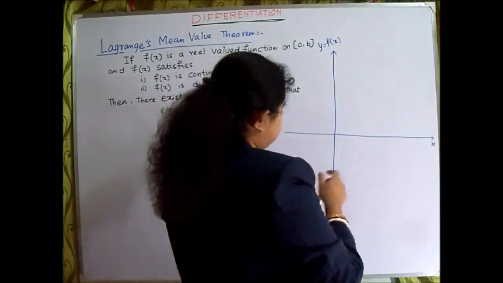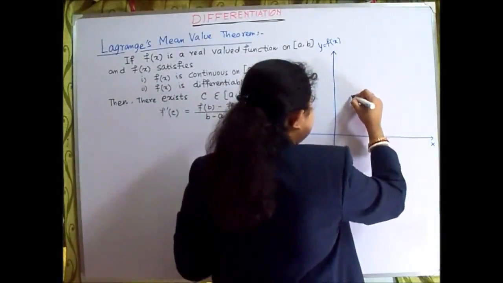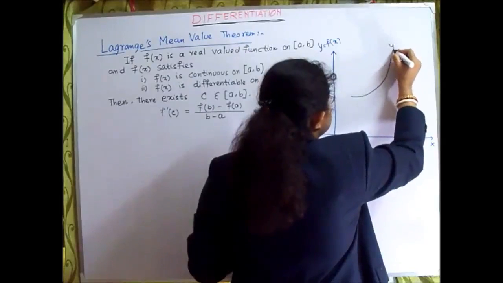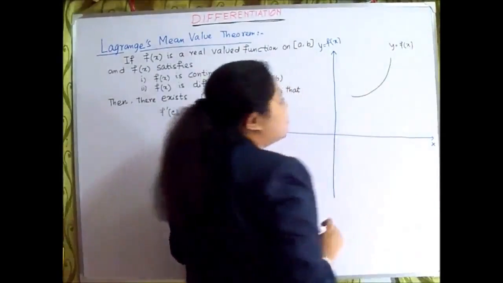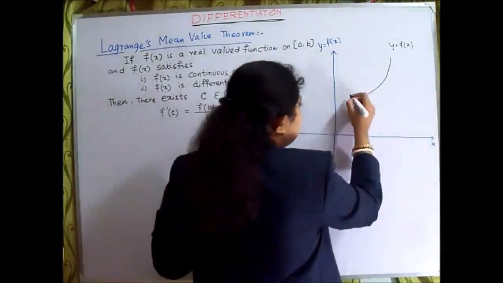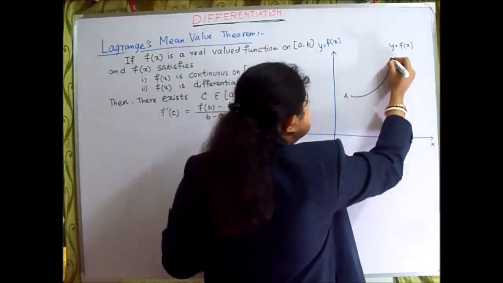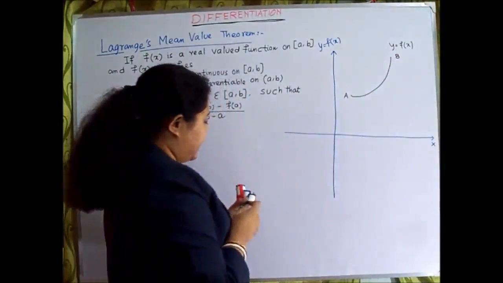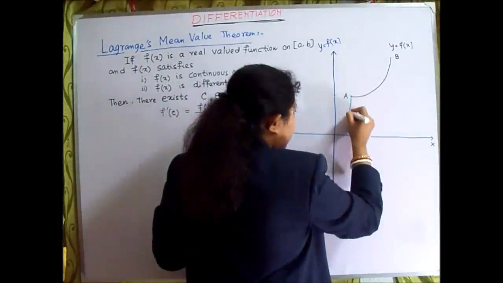If this curve shows that y is equal to the f(x) value, right? Take a point, and this is the point A and this is the point B.